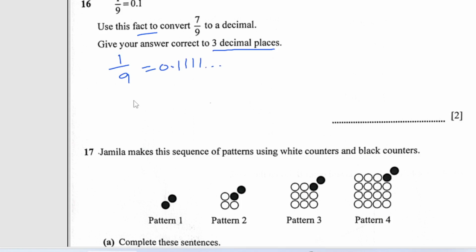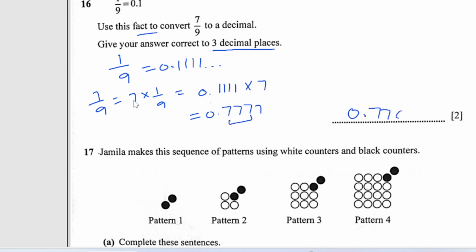We are looking for 7/9. So 7/9 is going to be 7 times 1/9, which is 0.1111, and we are going to multiply this by 7. So this is 0.777. So to 3 decimal places it will be 0.778.